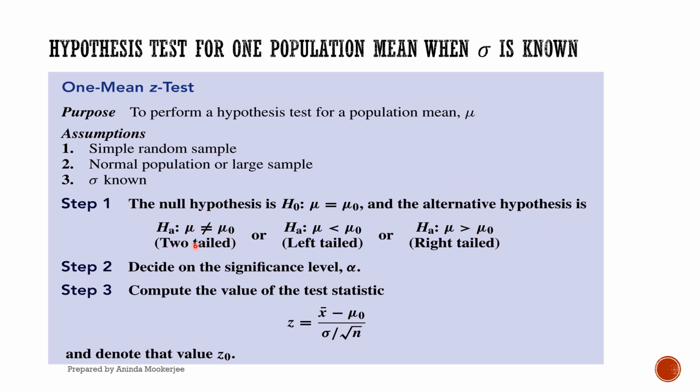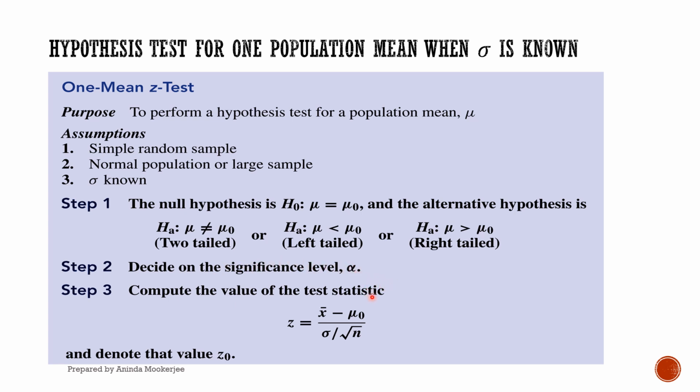It would either say that mu is not equal to mu sub 0, that is whatever the null hypothesis mean is, or it could be that mu is less than the null hypothesis mean, or it could say greater than the null hypothesis mean. And based on how the alternate hypothesis is stated, it would be a two-tailed test, a left-tailed test, or a right-tailed test.